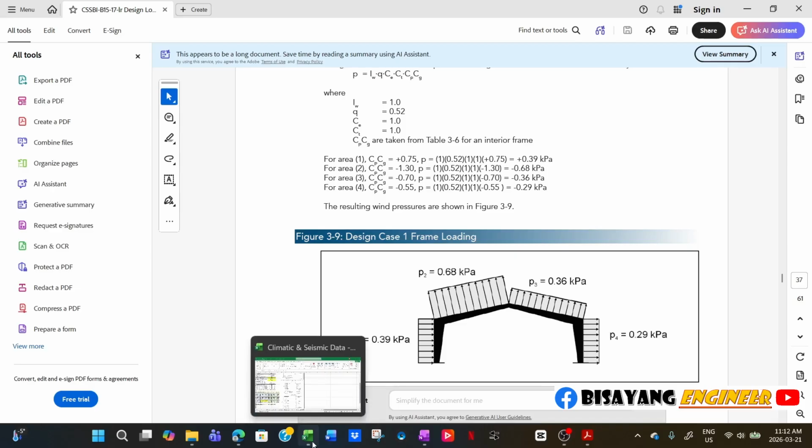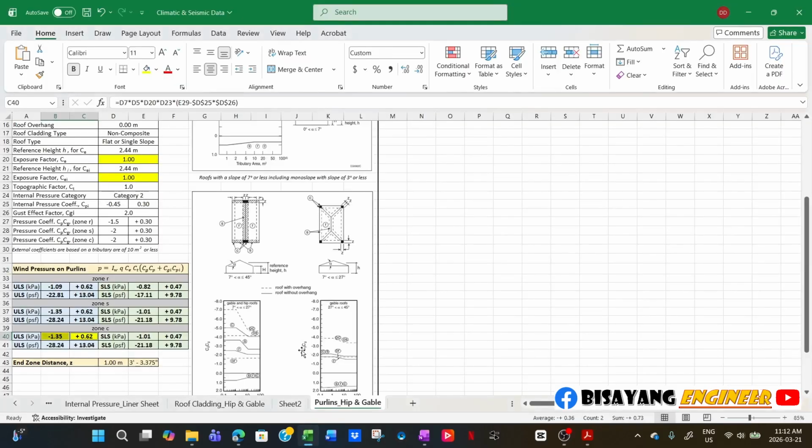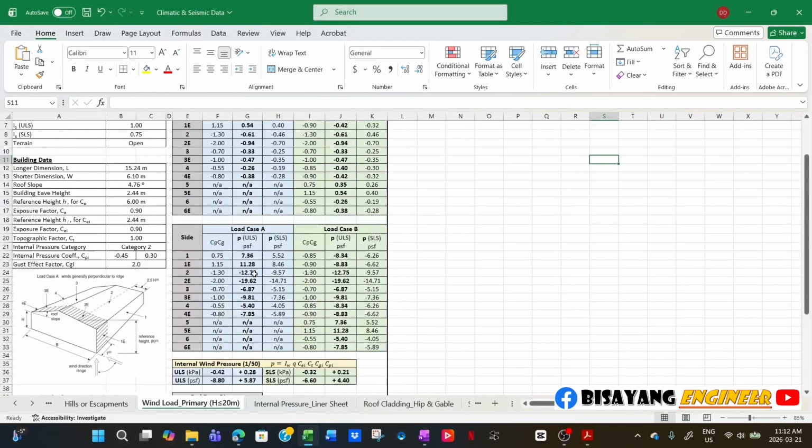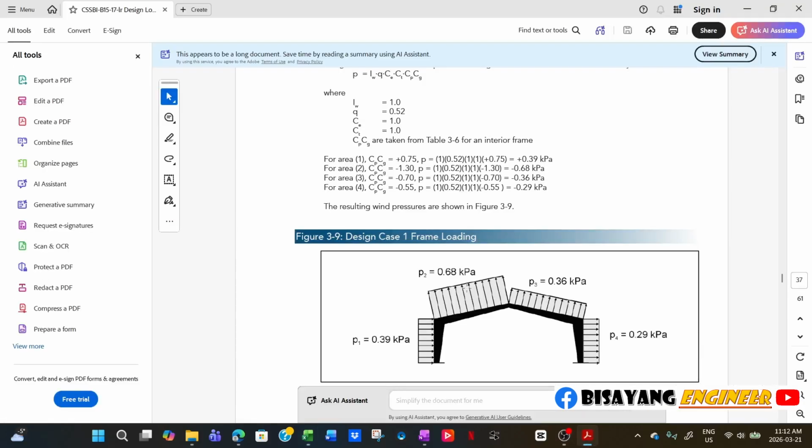I think it's adding the internal also, because this is used for the primary. So when you analyze the frame, for this particular element, because the tributary is now exceeding 700 square feet, this time you have to use the main wind force resisting system.